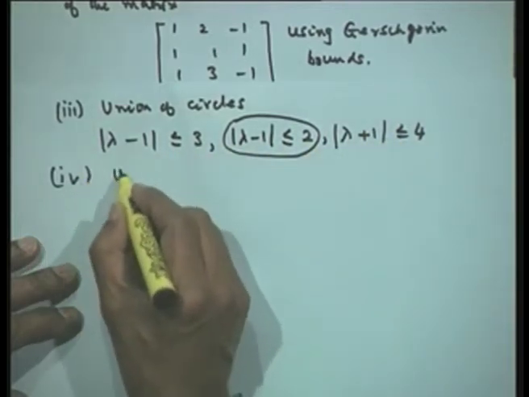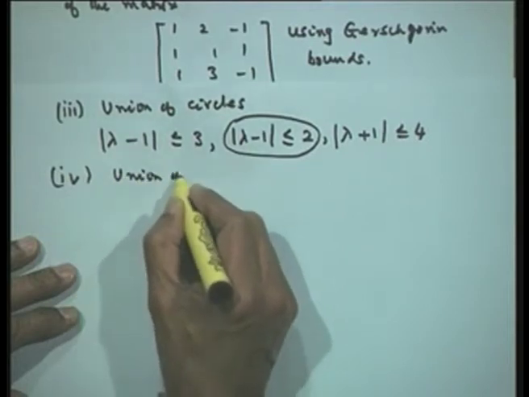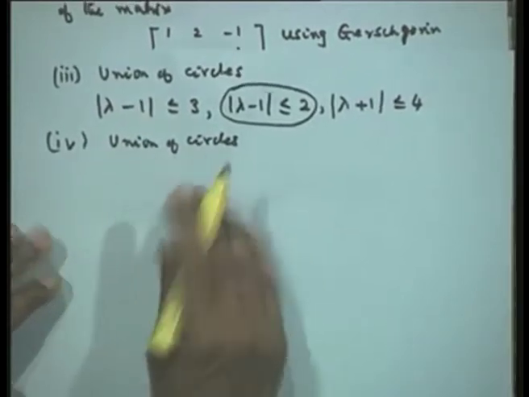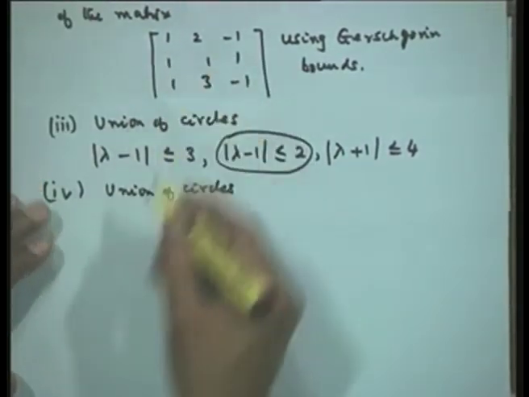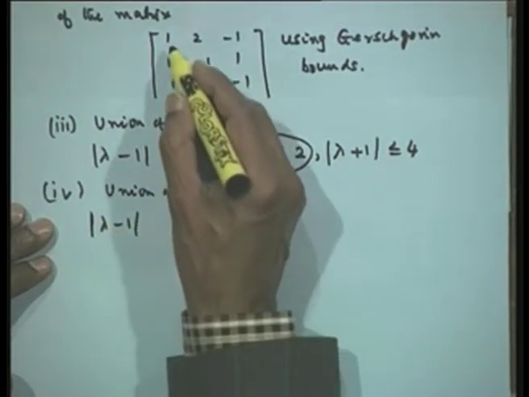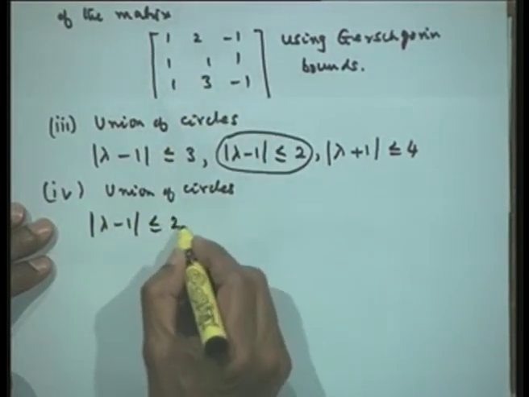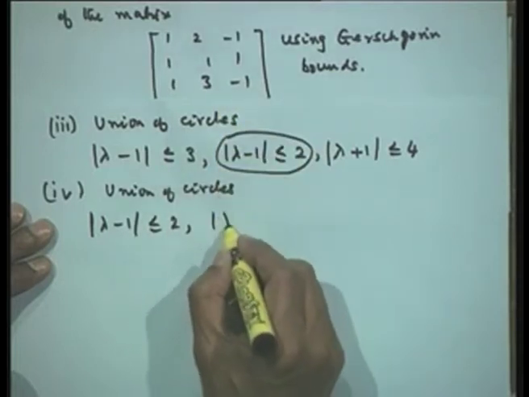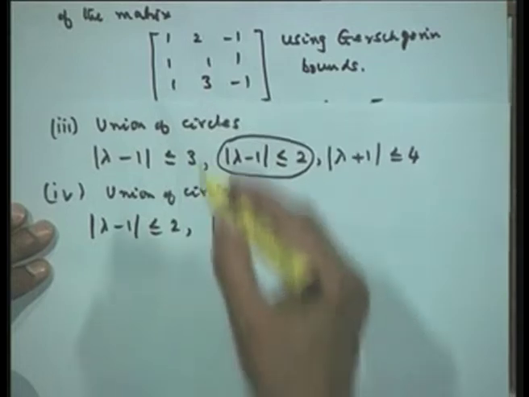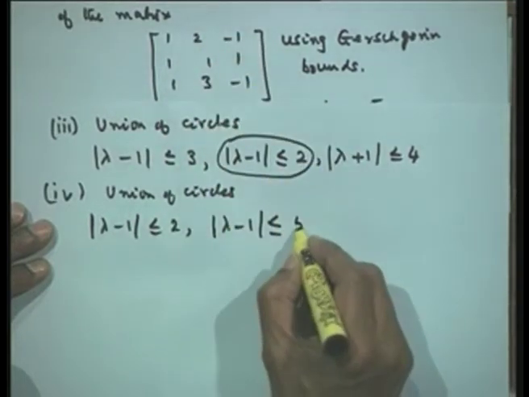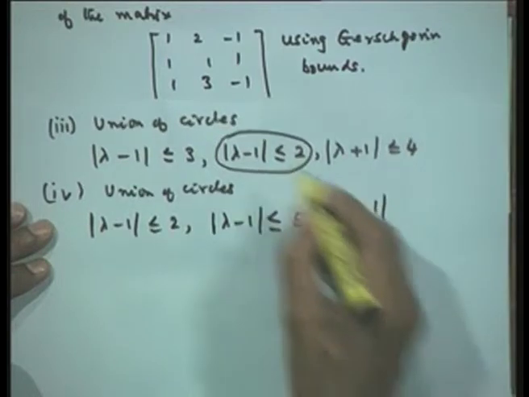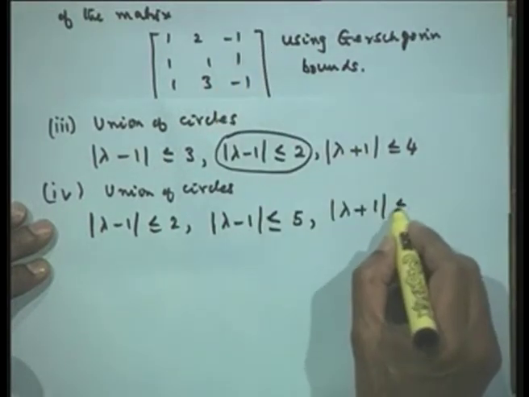Now, the fourth bound is the union of circles. Let us take with respect to columns. The first column gives magnitude lambda minus 1 is less than or equal to 2. The second column gives us magnitude of lambda minus 1 is less than or equal to 3 plus 2, that is 5, and the third column gives lambda plus 1 is less than or equal to 2.